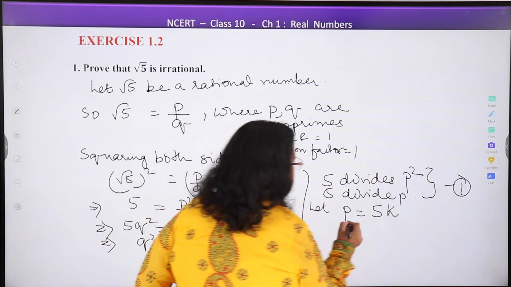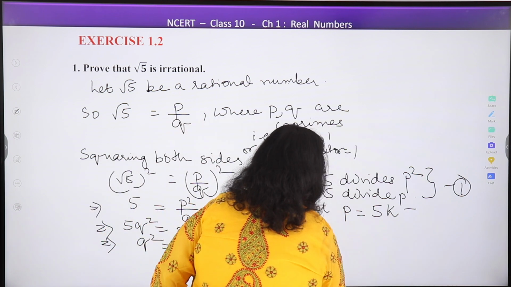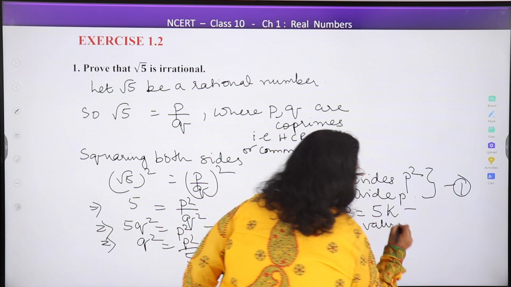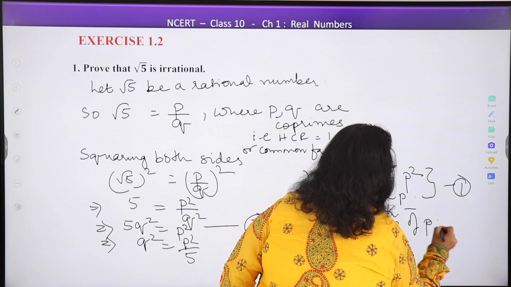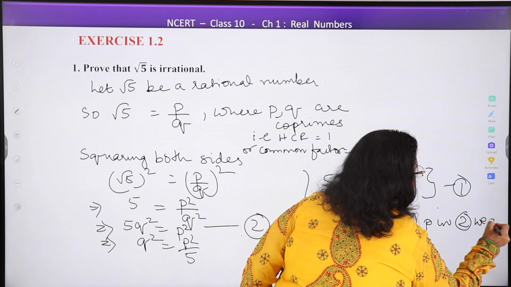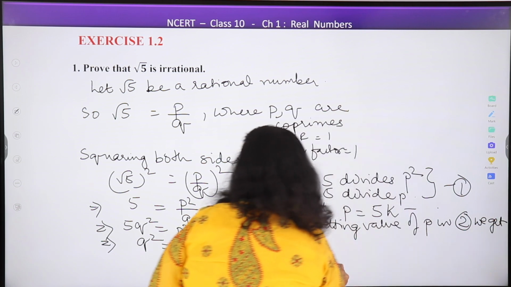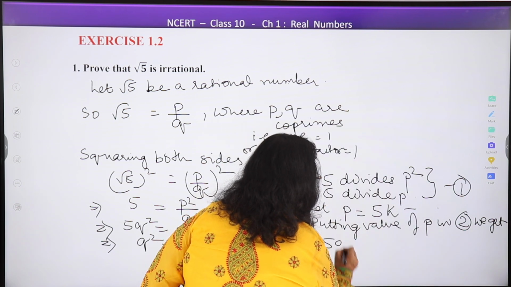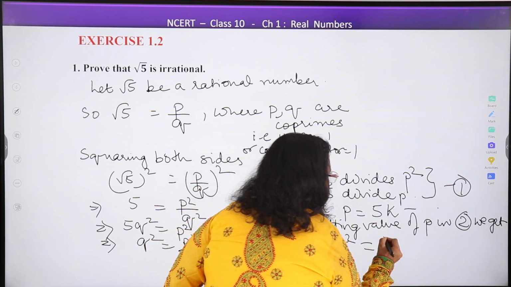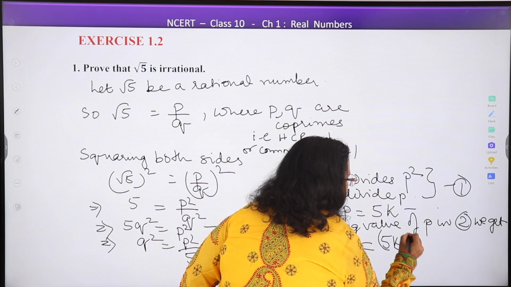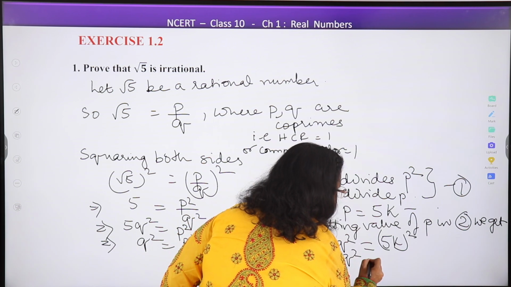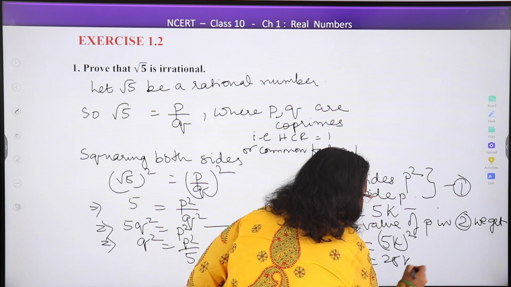Now putting the value of p in 2, we get 5q square is equal to 5k whole square. 5q square is equal to 25k square.